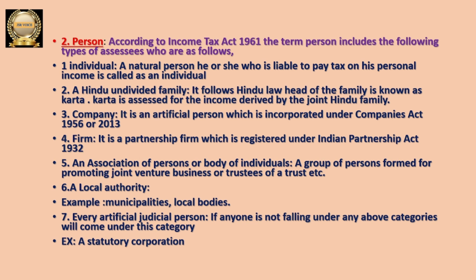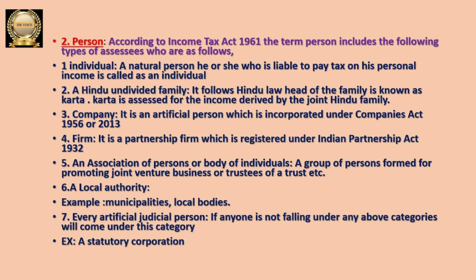The eldest person in the family will always become Karta. The eldest one in the family will take the responsibility of Karta. Other persons in the family are known as coparceners.